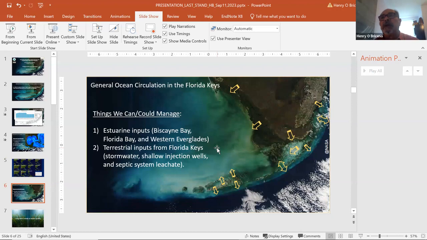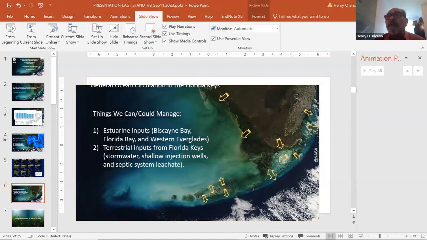And then we have some processes and some impacts that perhaps we can somehow control or manage, like the input from the Everglades, the input from the Keys themselves, the input from the city of Miami. That water sometimes comes to Biscayne Bay and then circulates south to the Florida Keys.